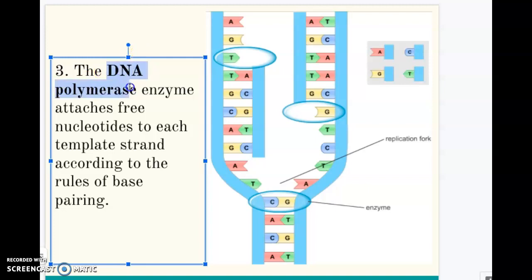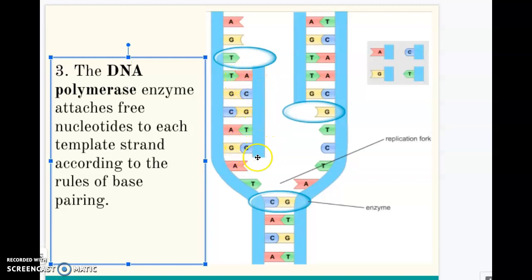Just by looking at the name of this enzyme, we can use these word parts to tell us that this is an enzyme that puts together polymers of DNA. These ovals here are representing this polymerase enzyme, and you can see what it's doing. It's making this new strand of DNA based on the rules of base pairing.